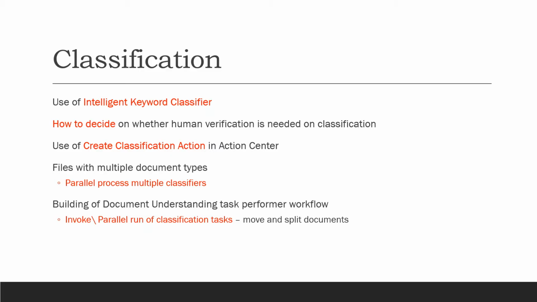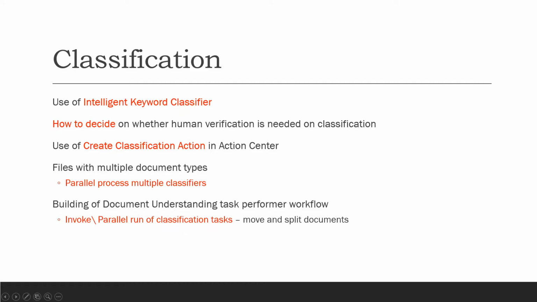And finally, additional tasks such as moving the files into different folders and splitting documents are handled by a separate process, and we'll see how to build that process and how to invoke it in parallel in our orchestration process.